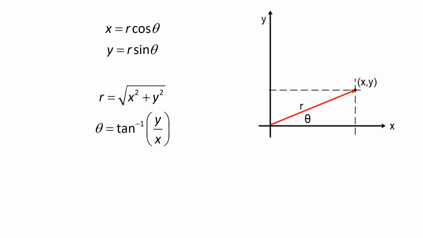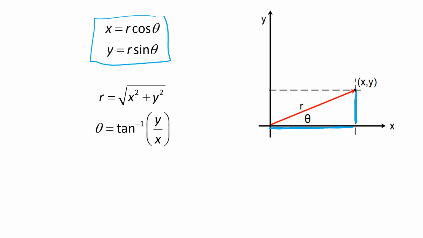All right, so x equals r cosine theta gives you the adjacent side of the right triangle, the segment along the x-axis, and this is the y coordinate.